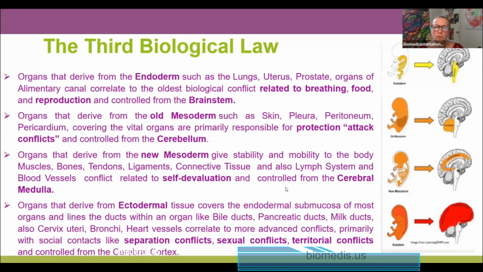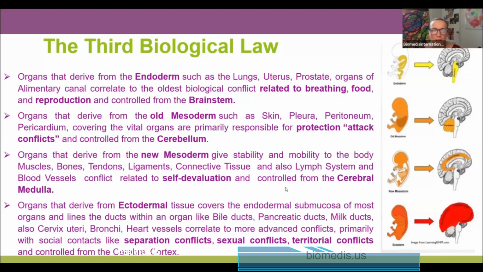Organs that derive from the new mesoderm give stability and mobility to the body: muscles, bones, tendons, ligaments, connective tissue, and also lymph system and blood vessels. They react to the conflict of self-devaluation and are controlled by the cerebral medulla.